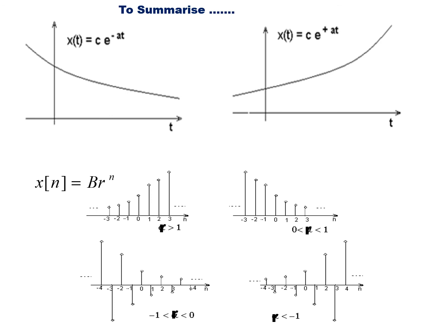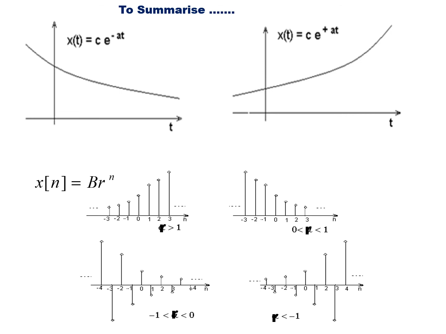In this case, I have taken the minus sign here. So when I say minus sign, this a can be a positive number. Now both c and a can be positive numbers. In that case, if I go on increasing the value of time, then the value of the signal x keeps on decreasing. So the general equation for a falling exponential is a constant into e to the power of minus at.